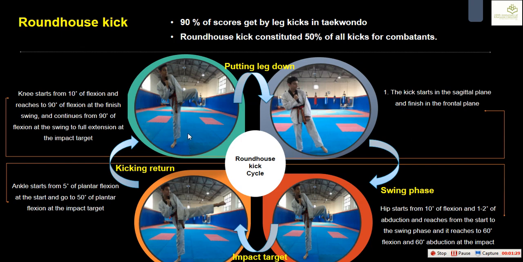At first, the athlete puts the leg down, and then tries to move the leg as the kick starts. Generally, the roundhouse kick starts in the sagittal plane and finishes in the frontal plane.